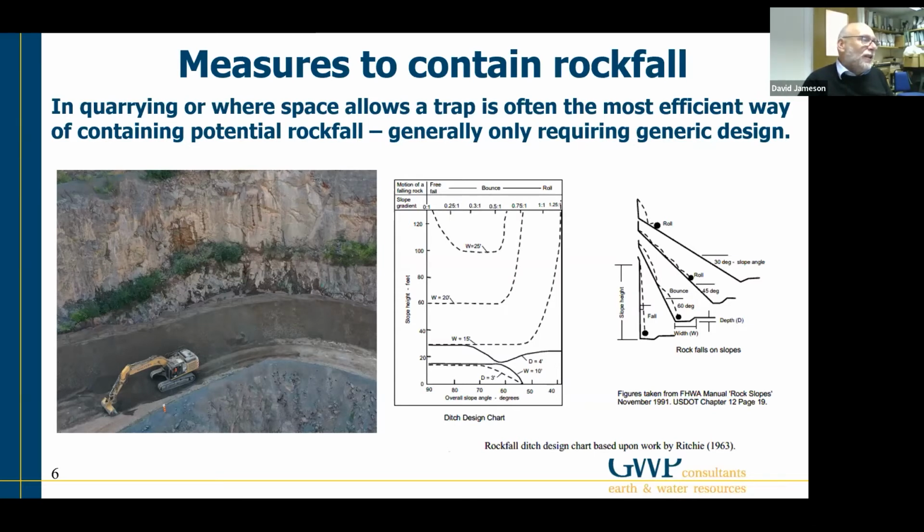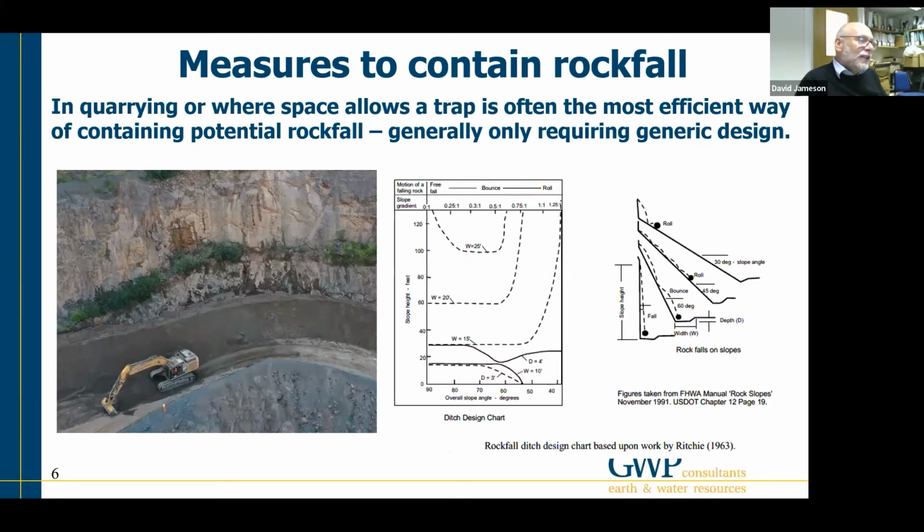And you can see on the right hand side, in the middle, there's a generic approach to sizing the rock trap at the bottom of a slope. So this is looking at a slope which hasn't got anything to constrain the rock fall. And basically you have a look at the height of the face, consider the slope of the face, and generally what you see is steeper slopes, blocks from a face will fall directly into the trap at the bottom.